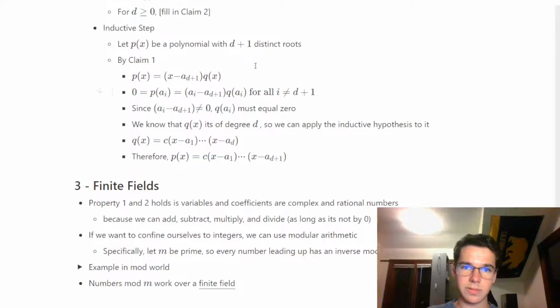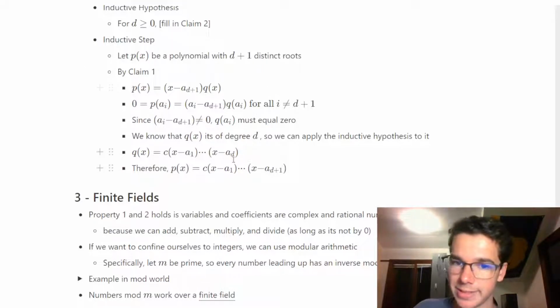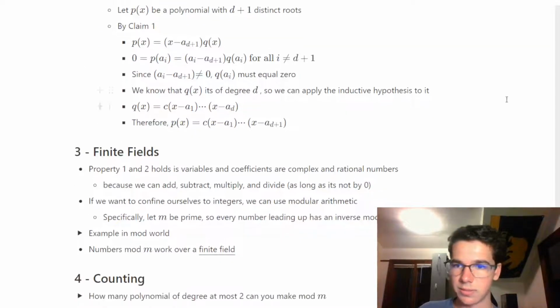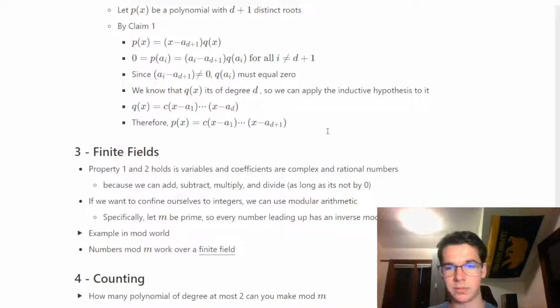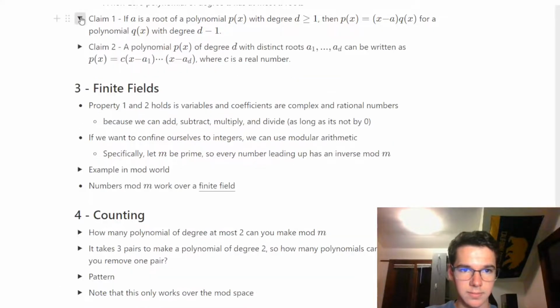And because we know the inductive hypothesis holds on polynomials of degree d, then we're just going to show that it also holds for polynomials of degree d plus 1. Okay, so hopefully that makes sense.